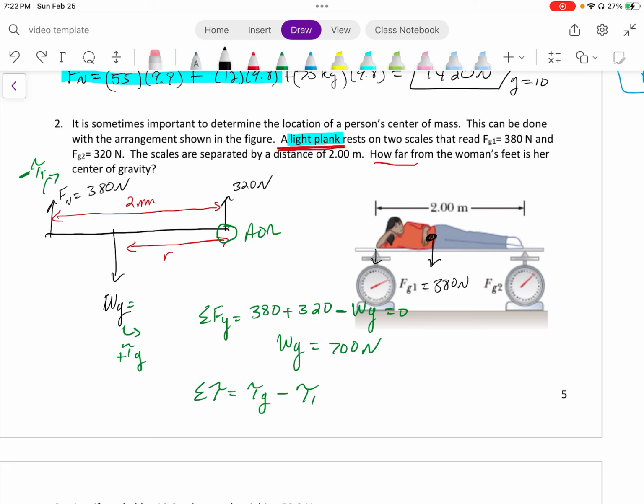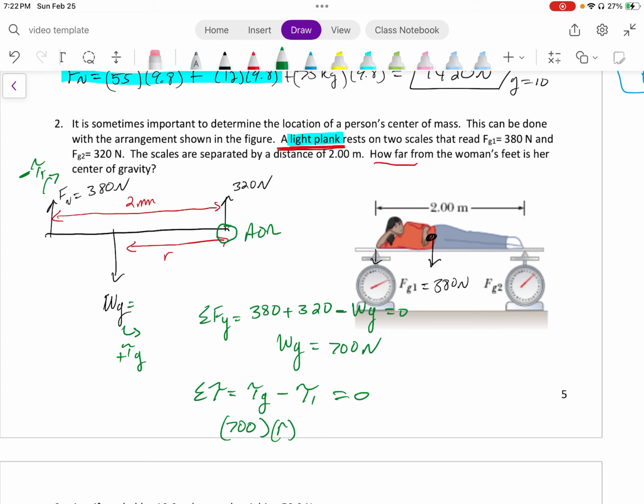So, okay, keep going. That is equal to 0. Now I can expand the torque on the girl to be her weight, which we found to be 700, times the distance r, which is exactly what we're looking for. That's the distance away from that axis of rotation. That is sine of 90, so I can ignore that.